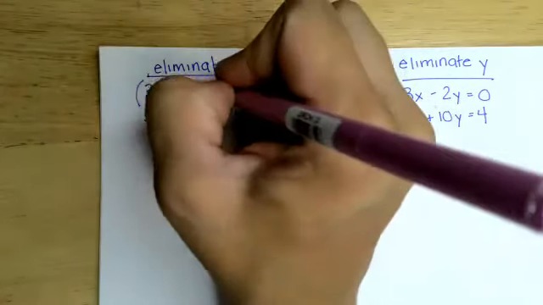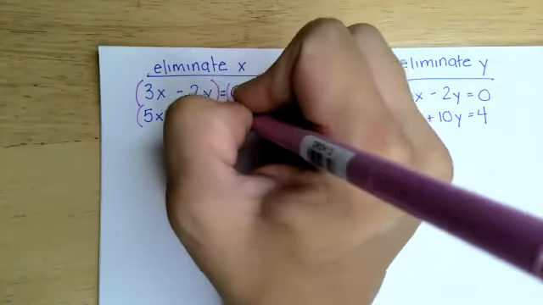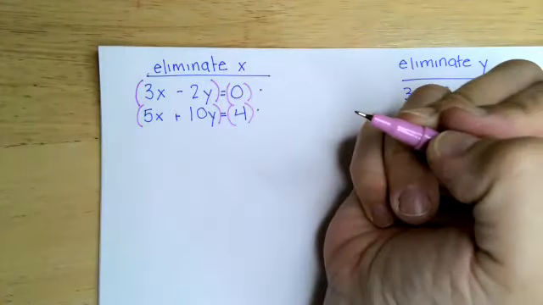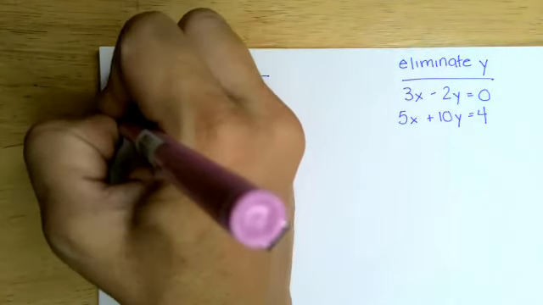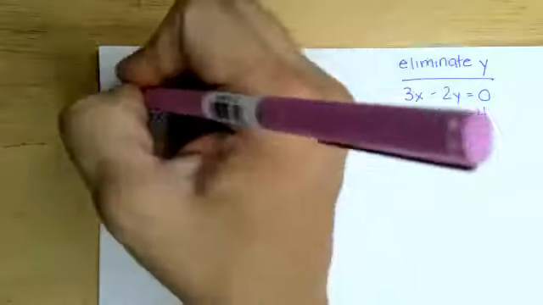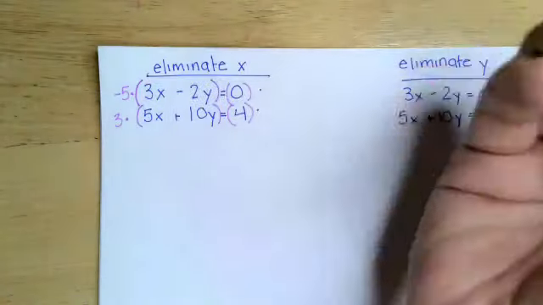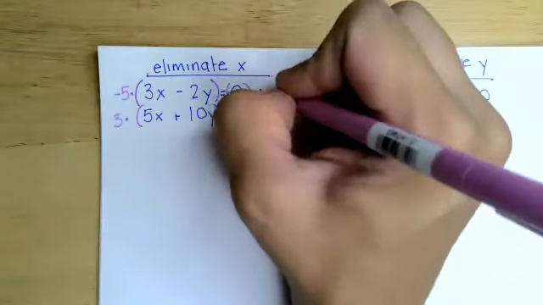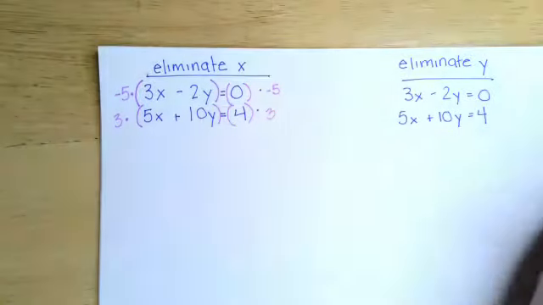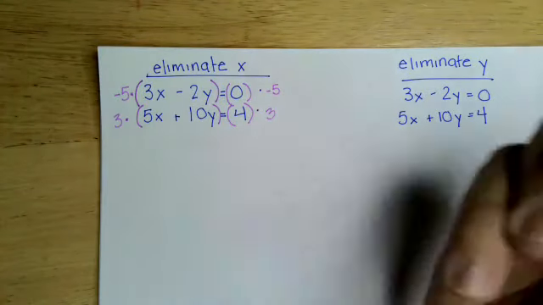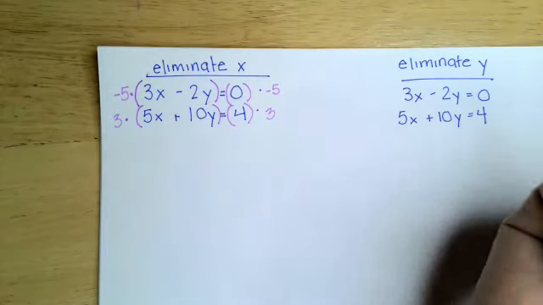So what we did was we multiplied the top by -5, and it's okay. It doesn't make any difference if you choose -5, or sorry, -3 and +5. You just need one negative, one positive. So the top is by -5, the bottom's by +3, so that the x's will equal 15.